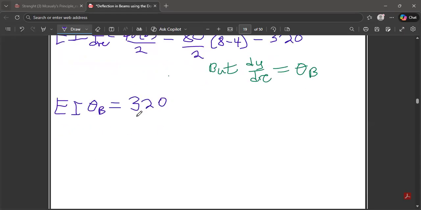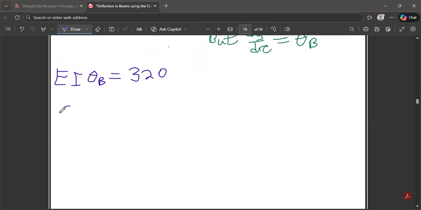Okay. So if the whole of this is equal to 320, it's as easy as that. It means that our angle at B is equal to just 320 divided by the EI.